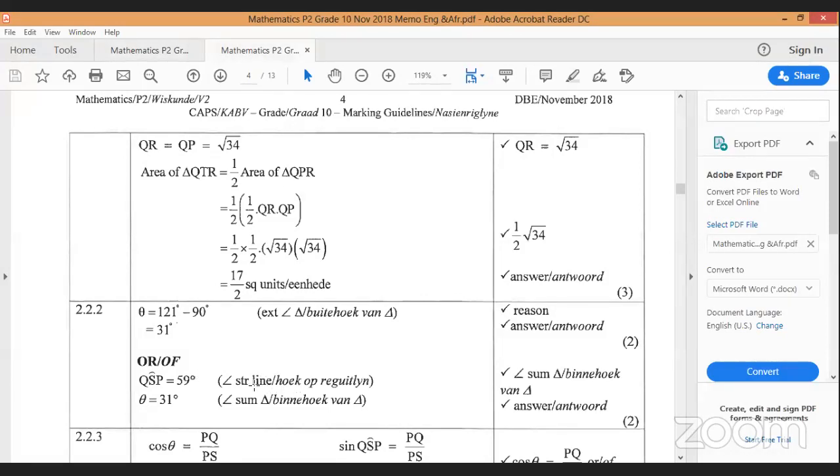Meaning your angles in a straight line. Does it make sense? Right. But most of the time, I don't like this working. I like the first one. The first one: theta is equal to 121, the angle that is outside, minus the 90, right? It must give you 31. So the answer is 31, right? So this is the exterior angle of a triangle. Does it make sense? This is your reason.